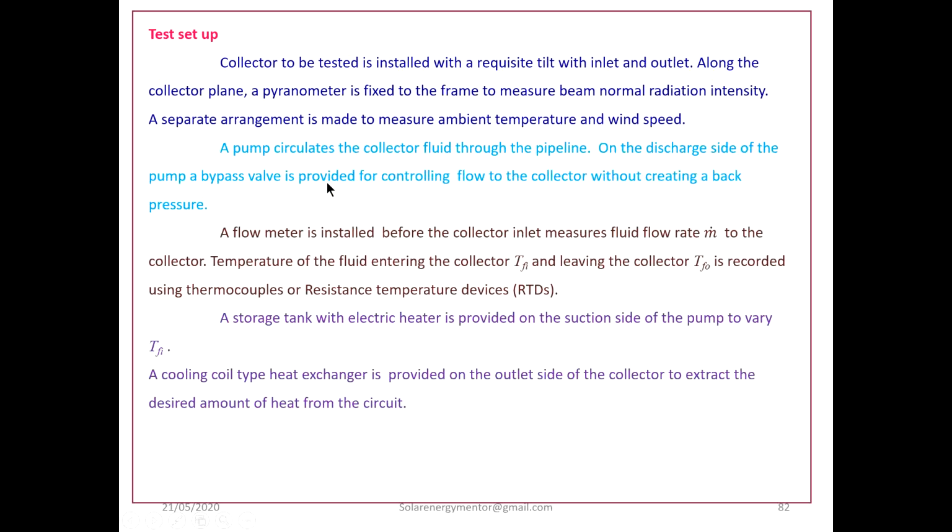On the discharge side, a bypass valve is provided to control the flow. A flow meter is installed before the collector inlet, which measures the m dot to the collector, and the temperature of the fluid entering the collector TFI and leaving the collector TFO is recorded using thermocouple or RTD.